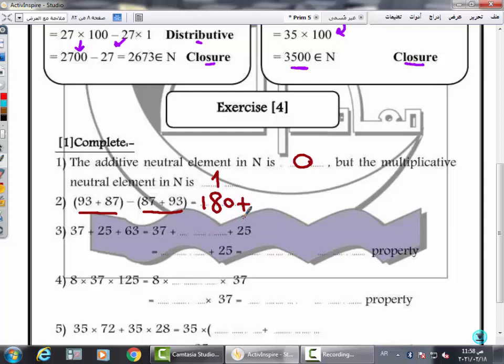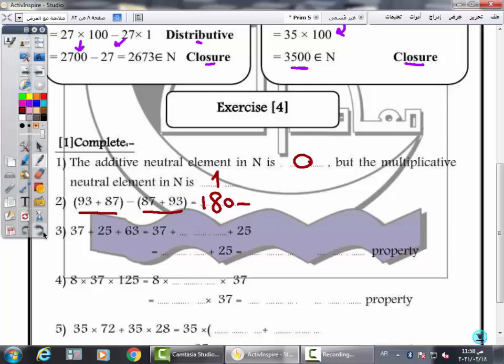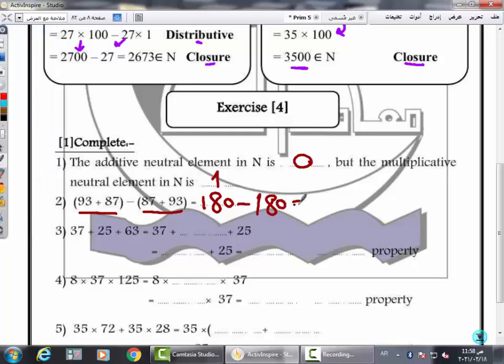Sorry, minus 87 plus 93 equals 180. 180 minus 180 equals 0.